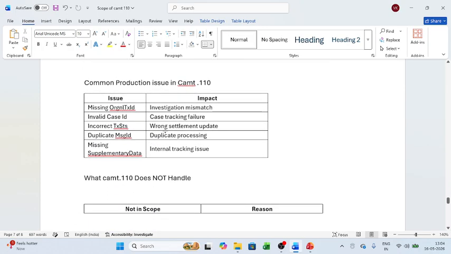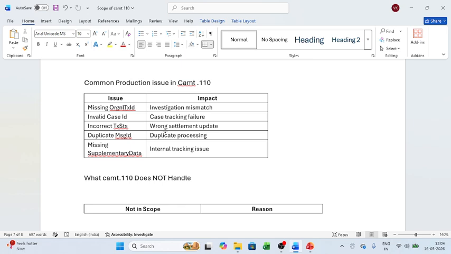What are the common problems that happen with the camt.110 message? I will tell you one thing. Whenever your original message ID is missed out, because you need to refer to your original transaction. Suppose you initiate the camt.110 investigation request for a pacs.008 transaction. You record the exact pacs.008 original message ID.